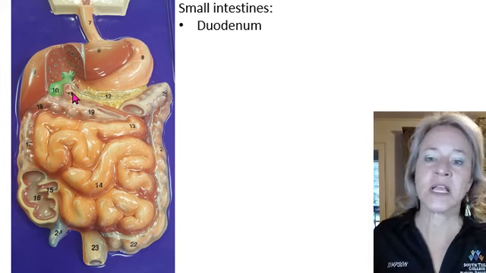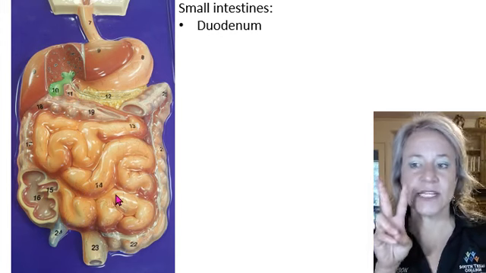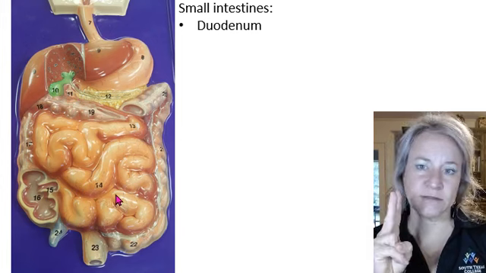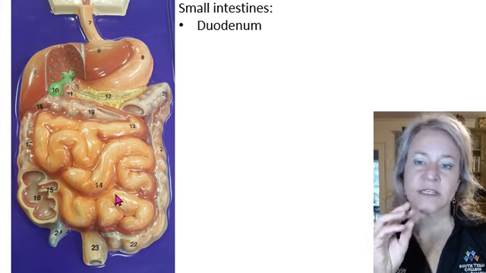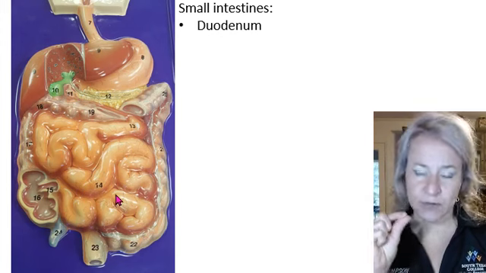So there's two things that happen in the small intestines: digestion and absorption of the nutrients. These foods have to be digested down to the basic building block.